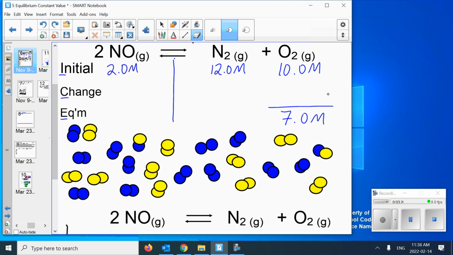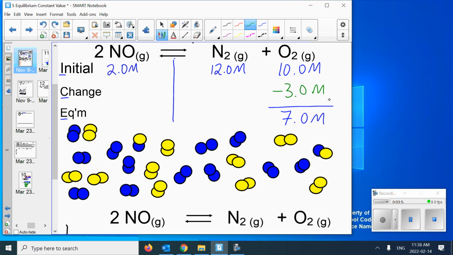Now, somehow, you got to figure out how you go from 10 to 7, right? Well, arithmetic-wise, this is the change. It's subtraction, minus 3. We know the arithmetic.